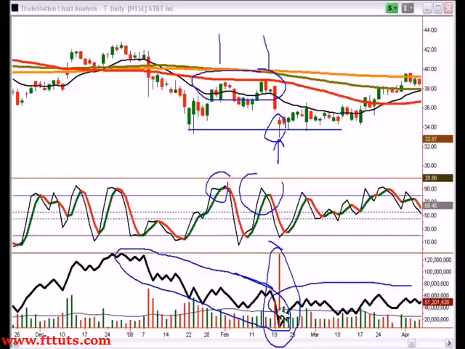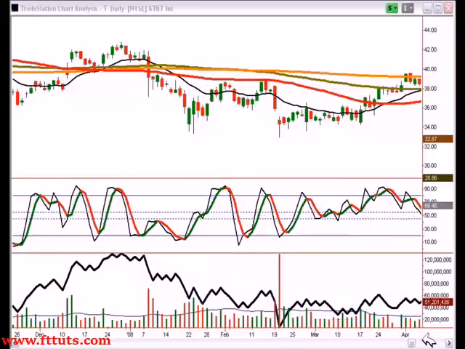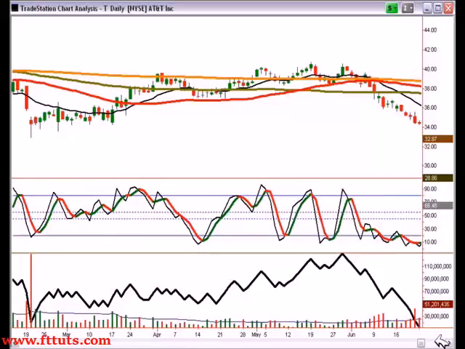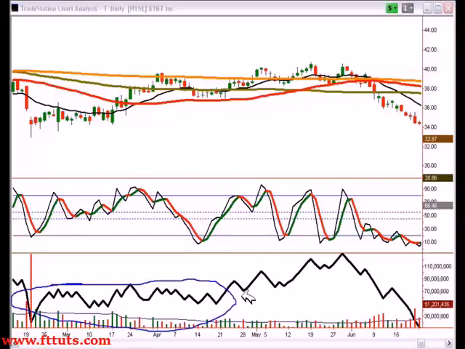And now, unbalanced volume pretty much goes sideways. Again, it comes back up. Unbalanced volume here, I would say, is doing nothing.